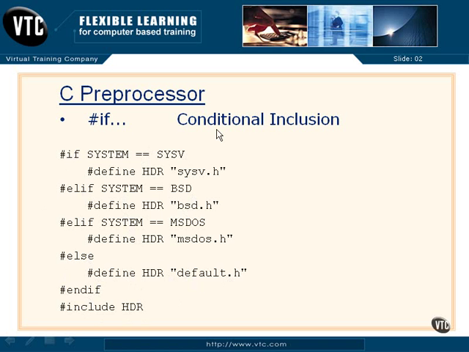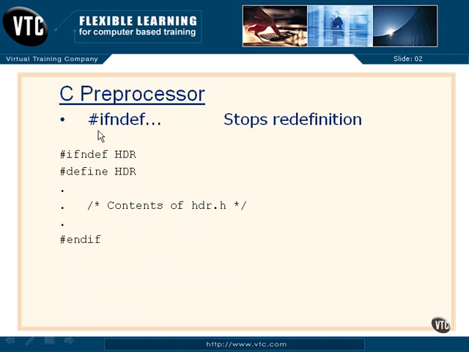So that's conditional inclusion. And we also have a nice item called if not defined, and this stops redefinition. Let's say that inside the header.h file, we can do an ifndef. If not defined HDR, then go ahead and do these statements. Define HDR and do other things that header.h is supposed to do for us, and then that's the end of our if.